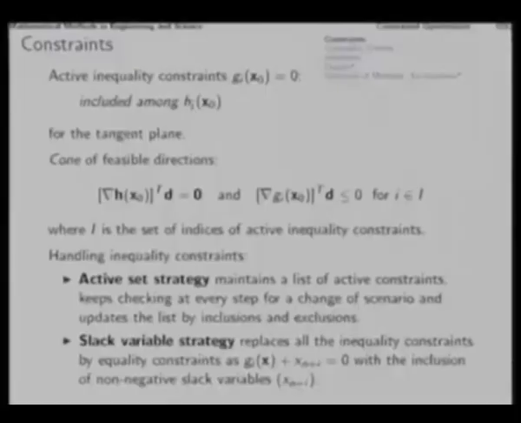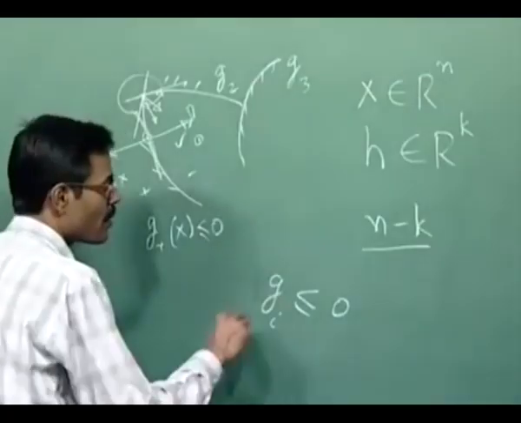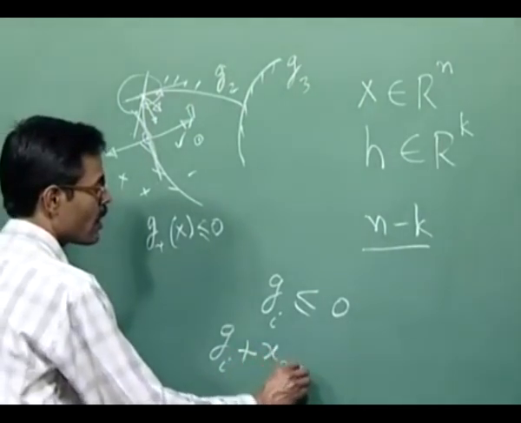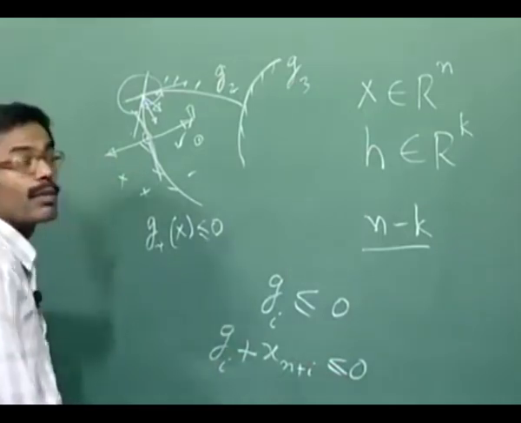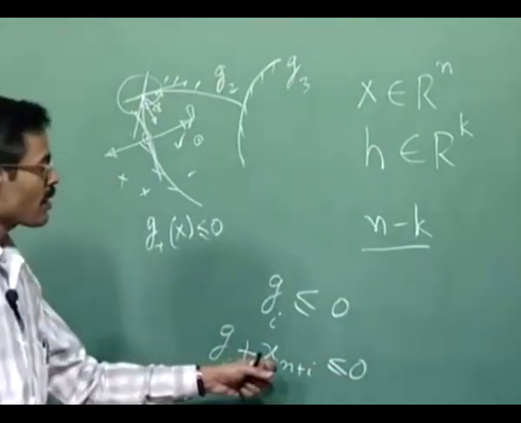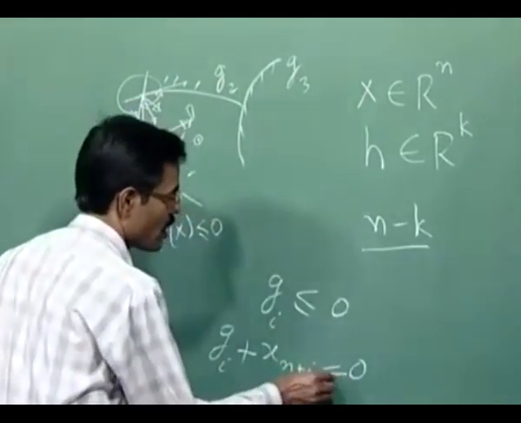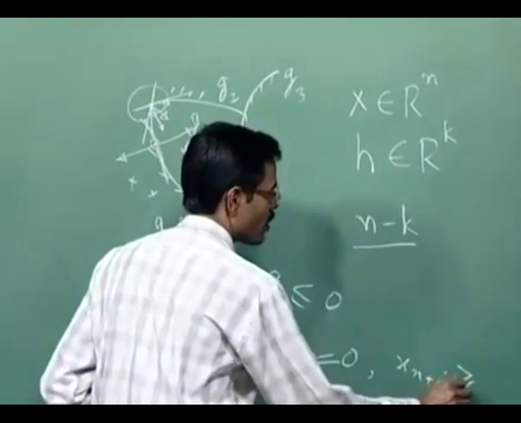There is another strategy called slack variable strategy, in which every inequality constraint like this is replaced with a corresponding equality constraint by addition of another variable which we call the slack variable, with the condition that the slack variable must be non-negative.